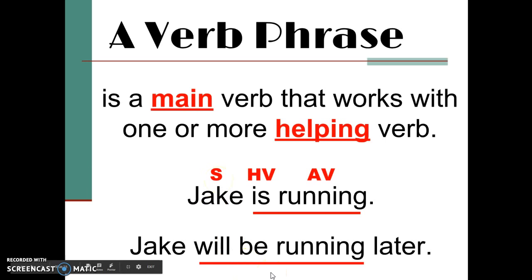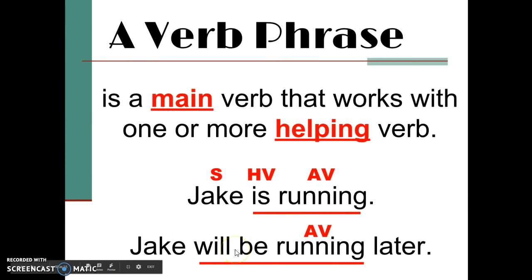In this sentence, Jake will be running later. Again, Jake running by itself doesn't give us much meaning, and it doesn't make sense the way it's written. Jake will be running puts it into some context. When? In the future. So our main verb is the last verb in the verb phrase, running. We label it as action verb, and all the verbs in front of it are helping verbs.